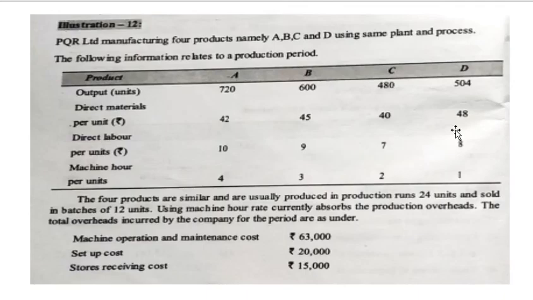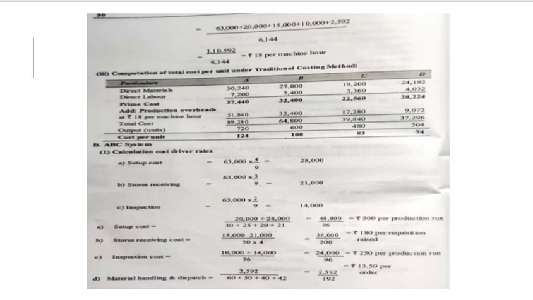So 504 divided by 24 will give you 21. I hope you understood how we got 30 plus 25 plus 20 plus 21. The total is 96. So the total setup cost is 20,000 plus 28,000, which gives you 48,000, divided by 96. So the cost is rupees 500 per production run.